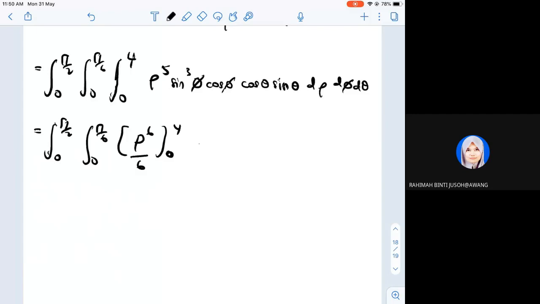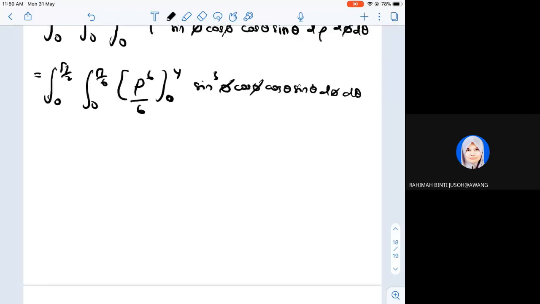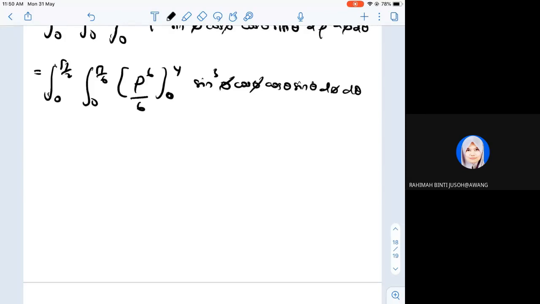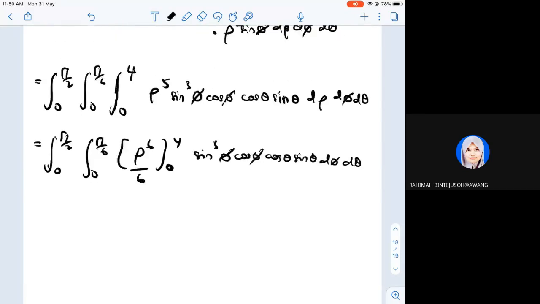So sin cube phi cos theta sin theta d phi d theta. Sorry guys, my pen isn't working. So 4 to the power of 6 becomes what? 4 to the power of 6, and then minus 4 with 0. Sorry guys, this is 2 below.